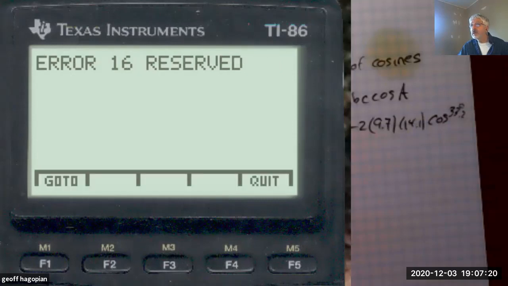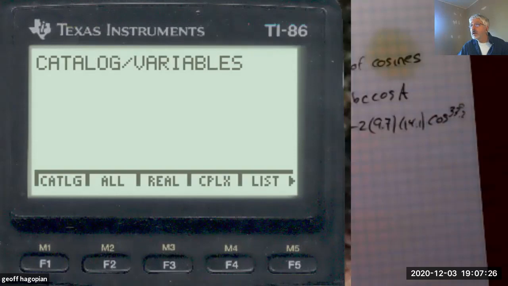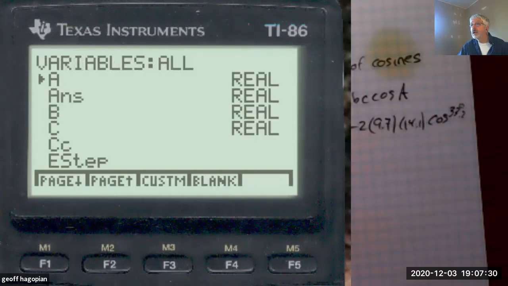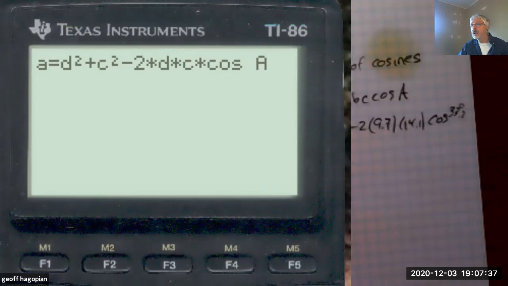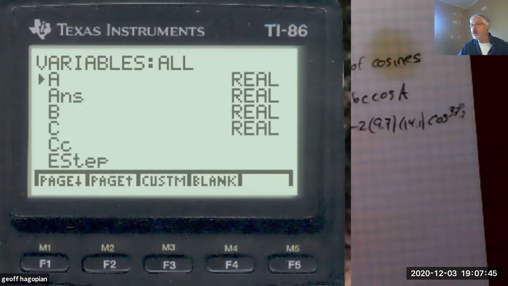Error reserved. Which one? It doesn't say. Can we go to the variables and just select all? And can we just delete them? Clear. Okay. Oh, it didn't actually.